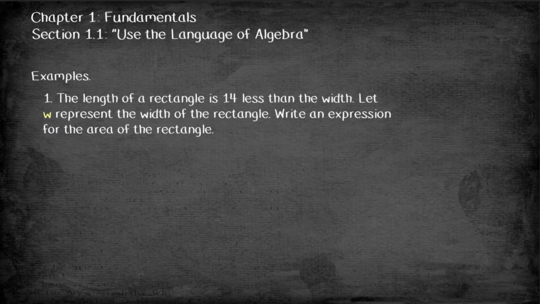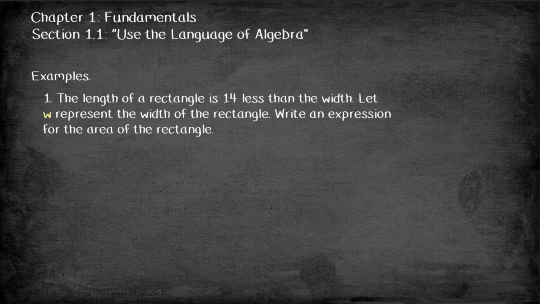The length of a rectangle is 14 less than the width. Let W represent the width of the rectangle. Write an expression for the area of the rectangle. So first of all, we have W representing the width of the rectangle. We need to represent the length with something.